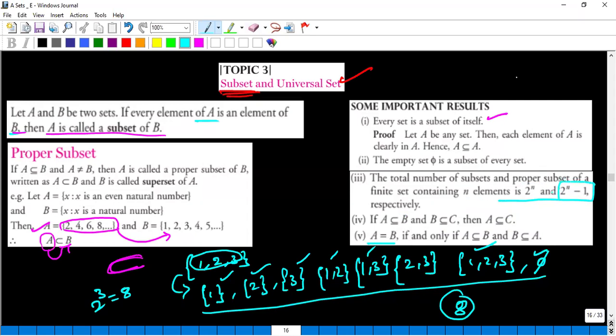What is a proper subset? You don't need to consider this one. Other than that particular one, all the remaining are called proper subsets.